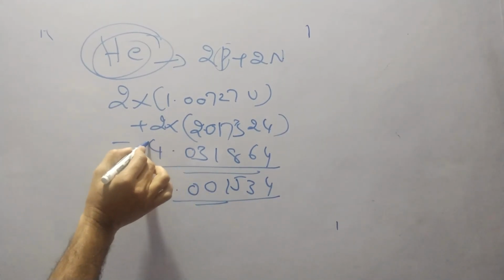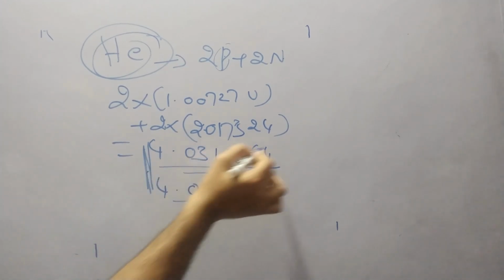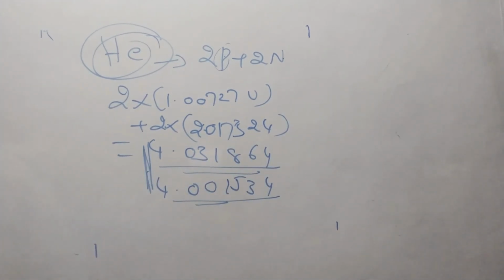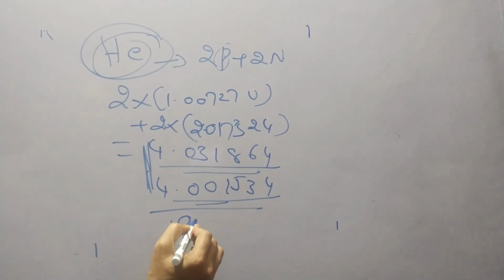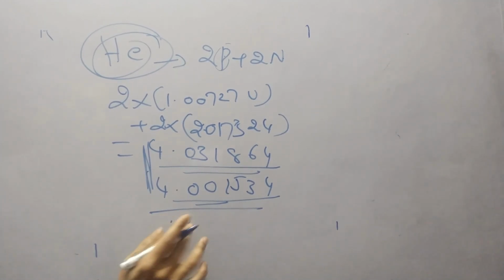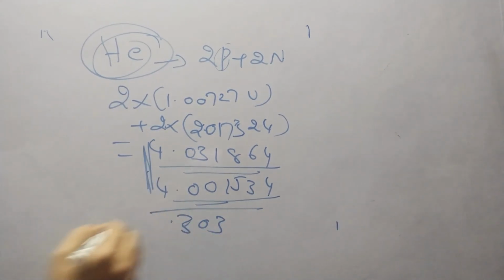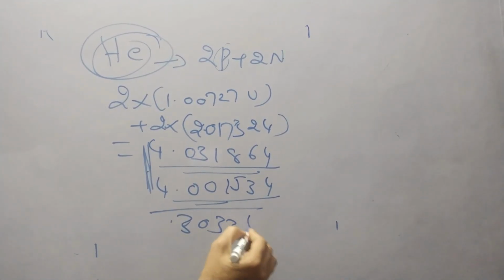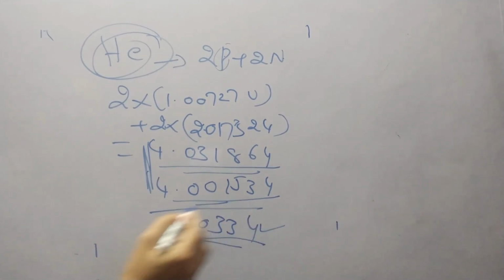Actually both values are not equal, which means there is a loss here. So how much loss? It is 0.030330.